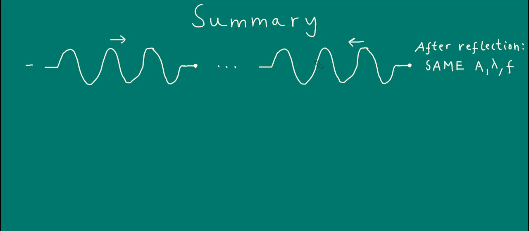Importantly, the reflected waves have the same amplitude, wavelength, and frequency as the incoming or incident waves. This is a key ingredient in the formation of stationary waves. If this weren't true, for example if the reflected waves didn't have the same amplitude as the incoming waves, then stationary waves would not form.